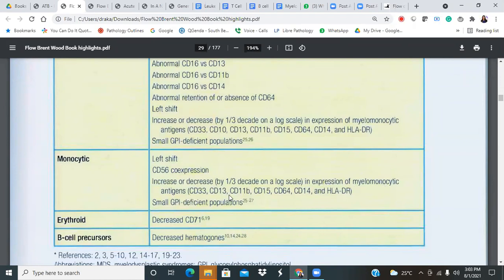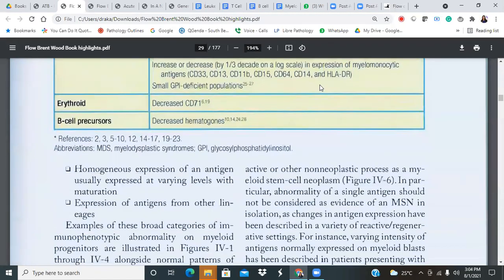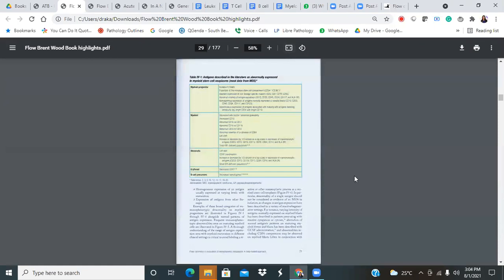So 13, 33, 11b, 15, 64, 14, HLA-DR. Small GPI deficient populations. Erythroid, when they are having decreased CD71. B cell precursors are going to have decreased hematogones. So that, I wanted to come to this, is an important one to see.